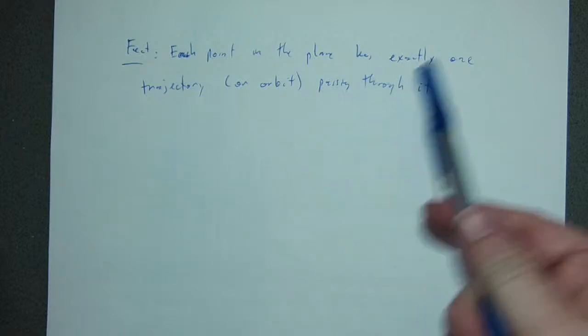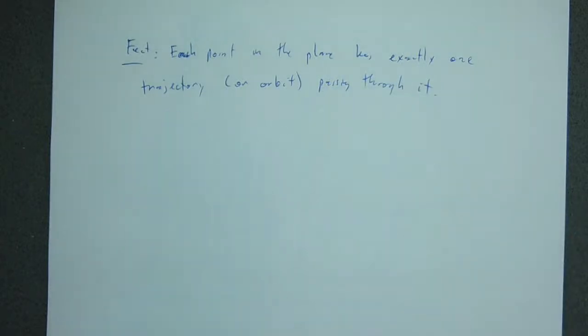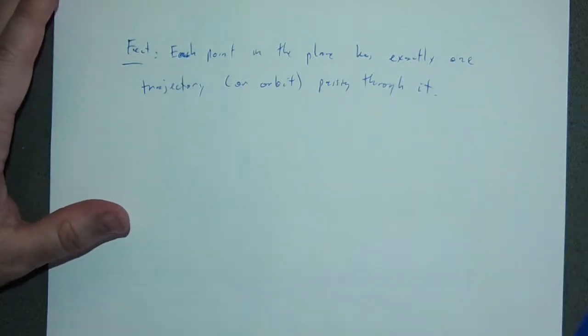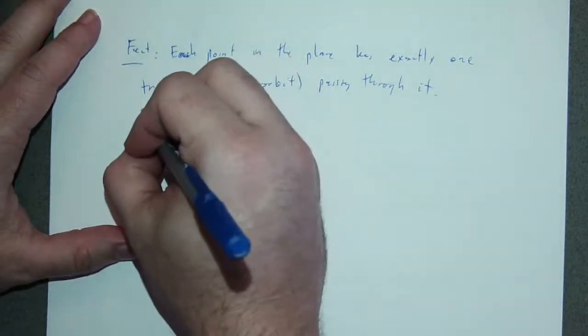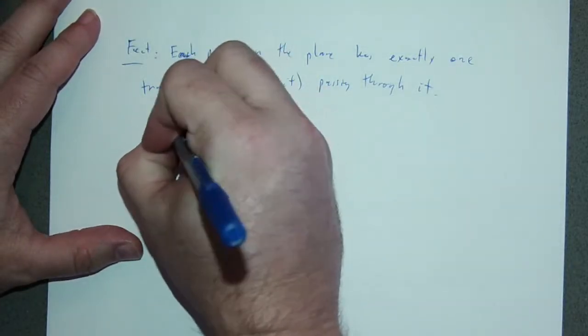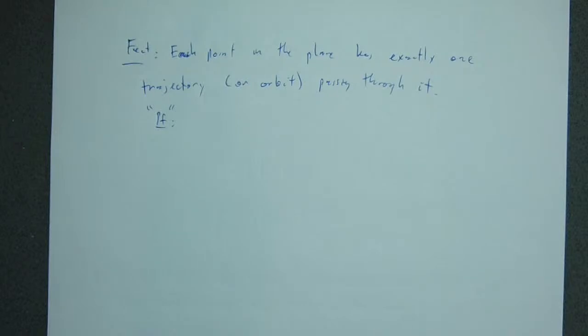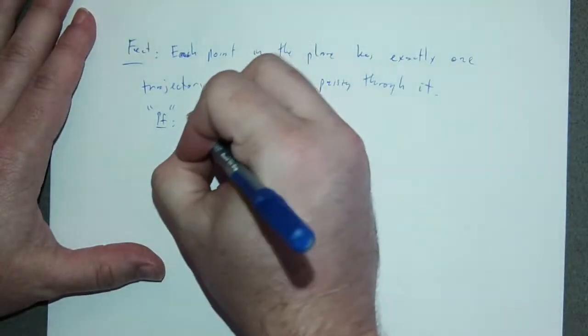The fact that it has a trajectory passing through it is the existence part of existence and uniqueness. The fact that it's exactly one and not more is the uniqueness part. The proof of this is not really much of a proof because I'm just stating something from existence and uniqueness that I didn't prove.